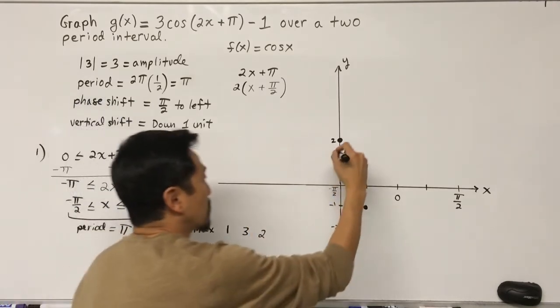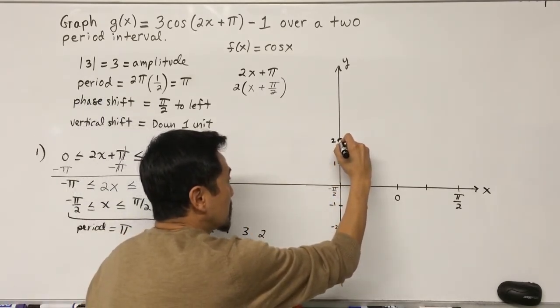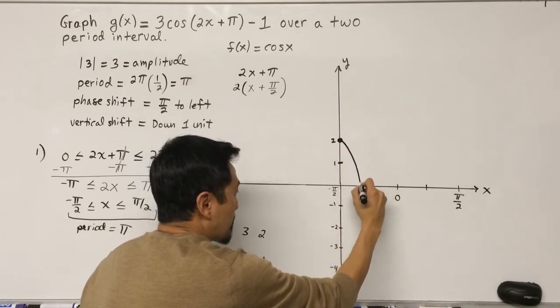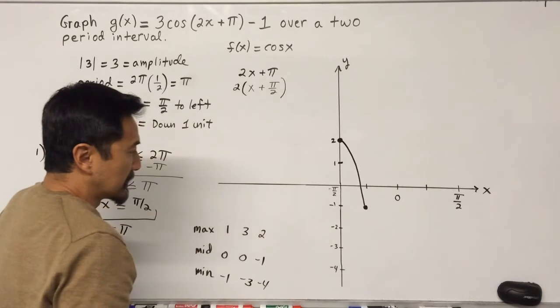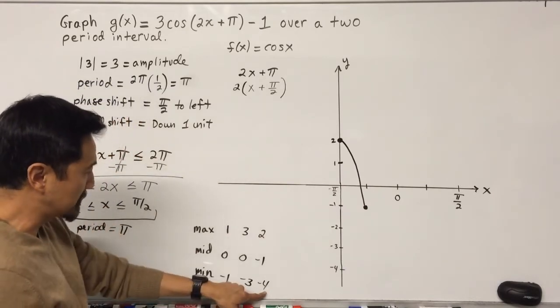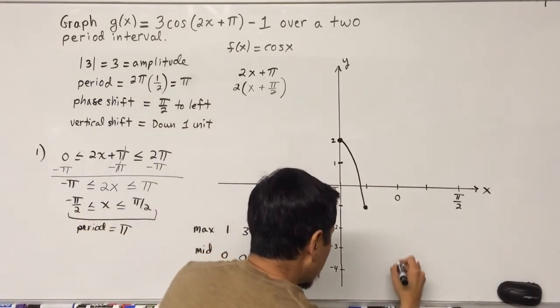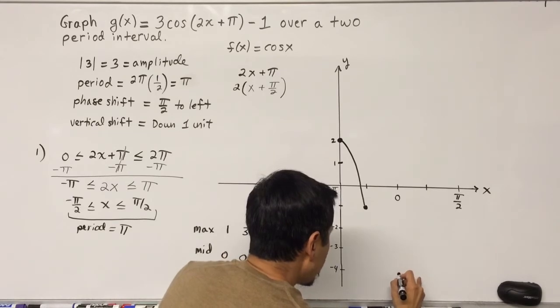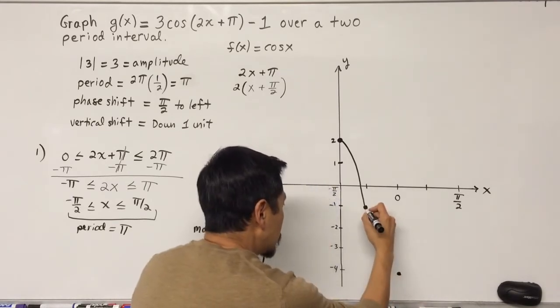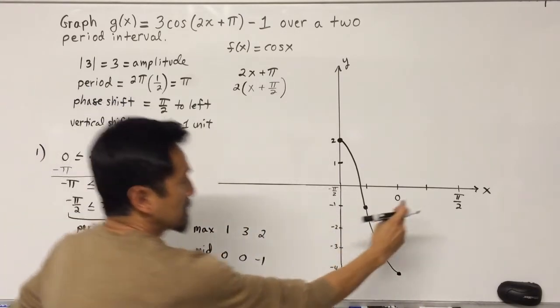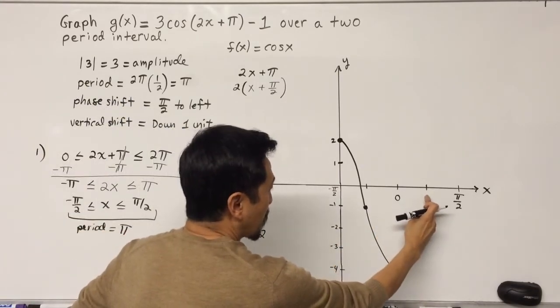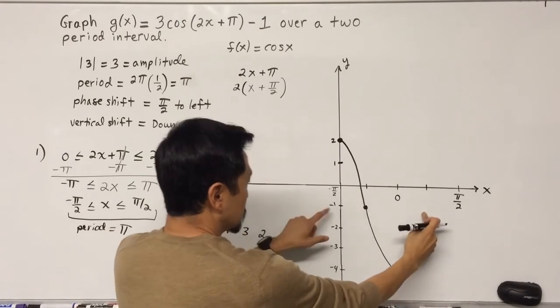So the cosine function is going to decrease from maximum to middle, then it's going to continue decreasing down to the minimum. So that would be at 0. And then at this intermediate value of pi over 4, it comes back to the middle, which was negative 1.